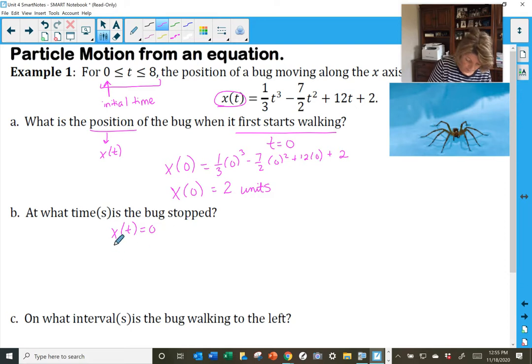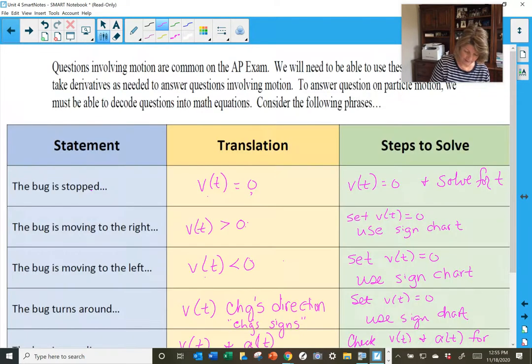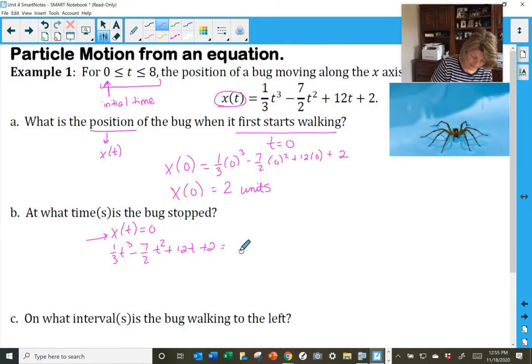So we will have 1/3 t cubed minus 7/2 t squared plus 12t plus 2 equals, oh, dang it, I goofed that up. I don't want to know when its position is 0. That's the position function. I want velocity equals 0. Just realized that. Okay, scratch that, erase. Hopefully you always take notes in pencil.